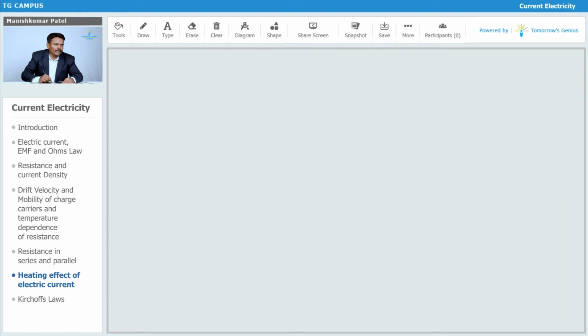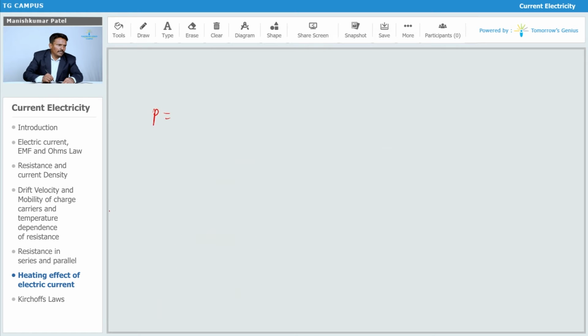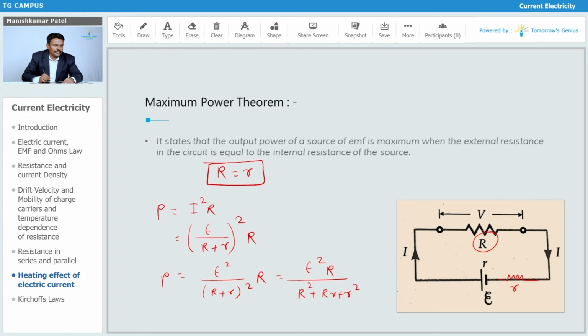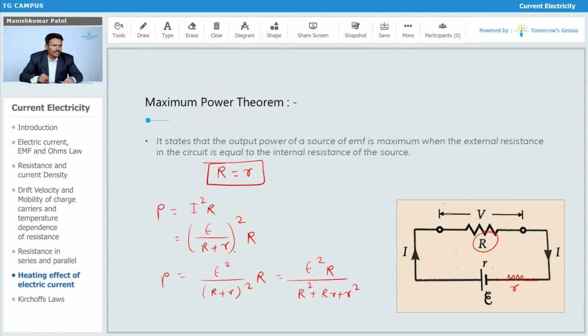Further simplifying, this is P, and I write it as E square R upon R square plus 2Rr plus r square. Here I is equal to E upon R plus r.